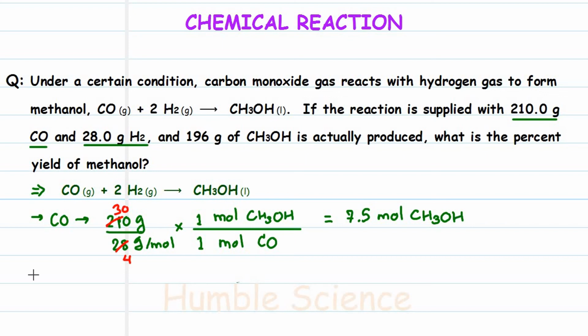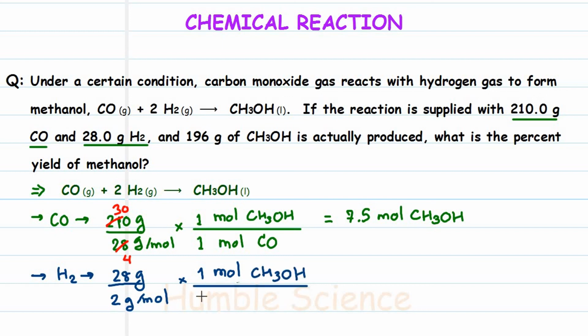Now let's try to take a look at hydrogen gas. For hydrogen gas, we're going to convert it to mole, and they give us 28 grams of hydrogen gas. It's going to be divided by 2 grams per mole, which is the molar mass of hydrogen gas, and we know that 1 mole of methanol can be obtained from 2 mole of hydrogen gas, and that is going to give us 7 mole of methanol.